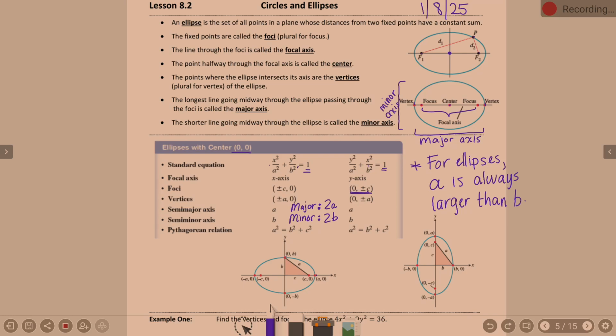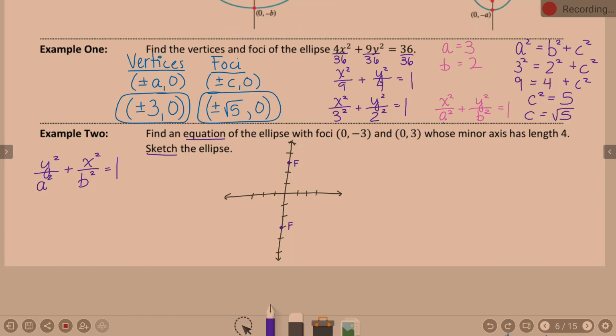Your C, right? If my foci are 0 plus or minus C, then that tells me in this case that C is what? 3. C is 3. Are you with me? Ask me to re-explain if I overlook something.